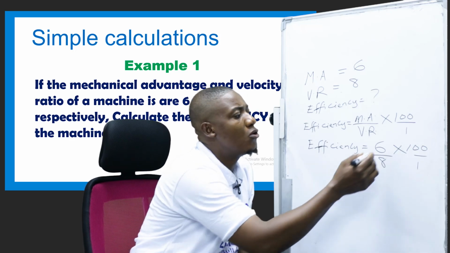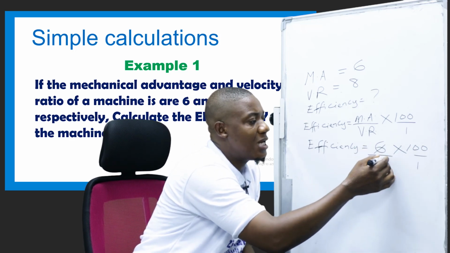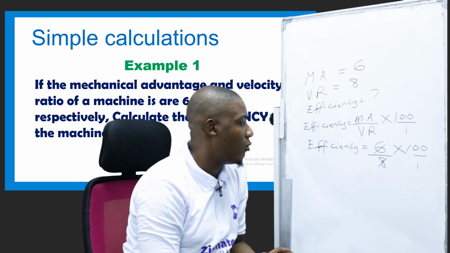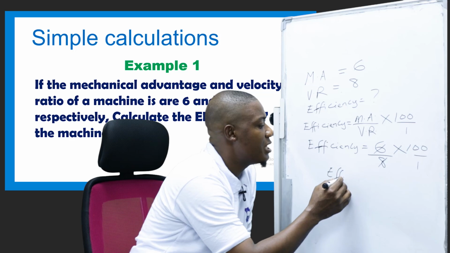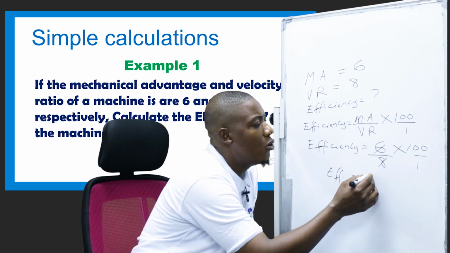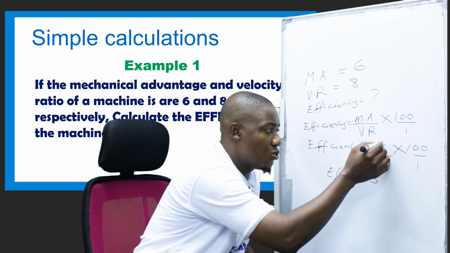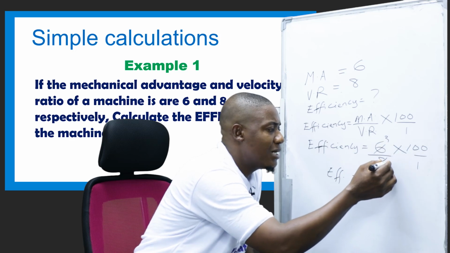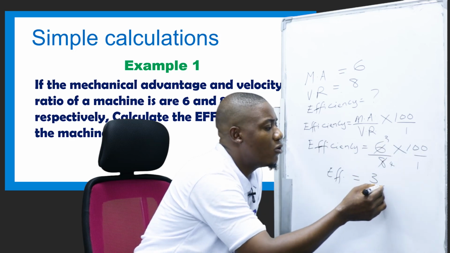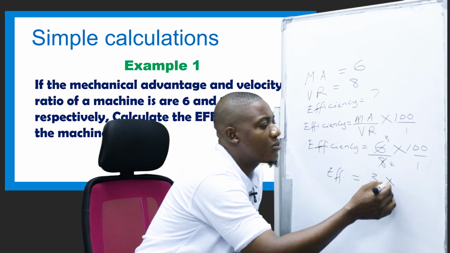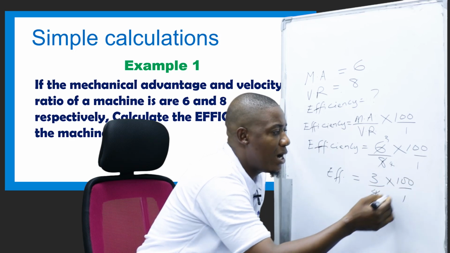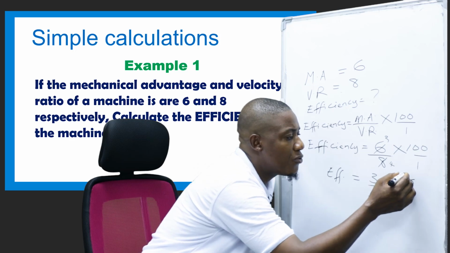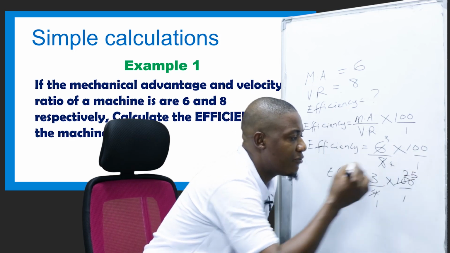Of course, you know that this is the same as saying 3 all over 4. So we have it that the efficiency of the machine is equal to 3 all over 4 times 100 over 1. 4 into 100 is 25.